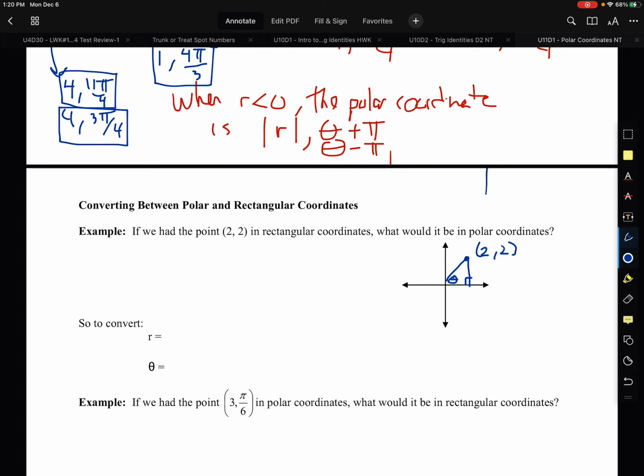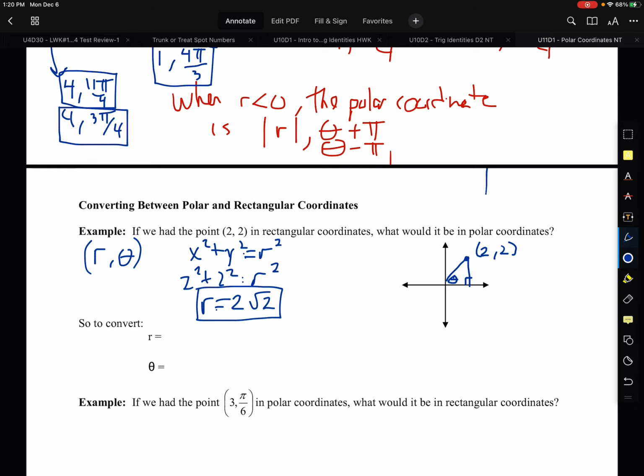All right, there's my right triangle. So for my polar coordinate, I need radius and I need theta. Well, how can I find radius here? Simple, Pythagorean theorem. x squared plus y squared equals r squared. So here we got 2 squared plus 2 squared equals r squared. r equals 2 rad 2.